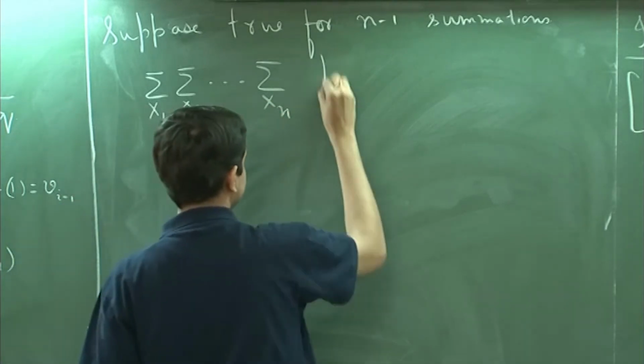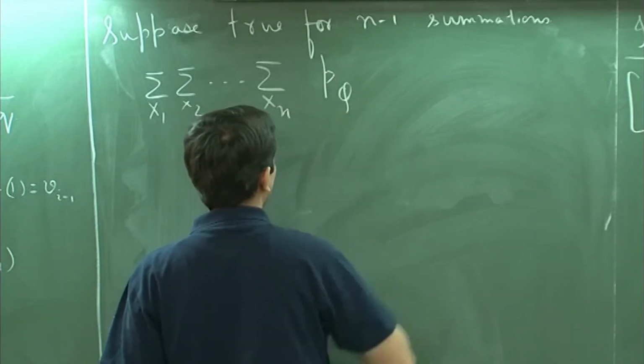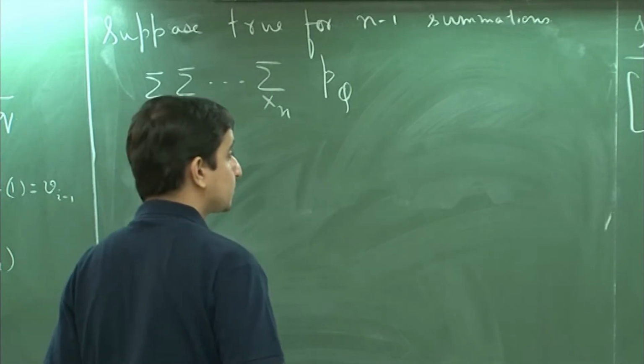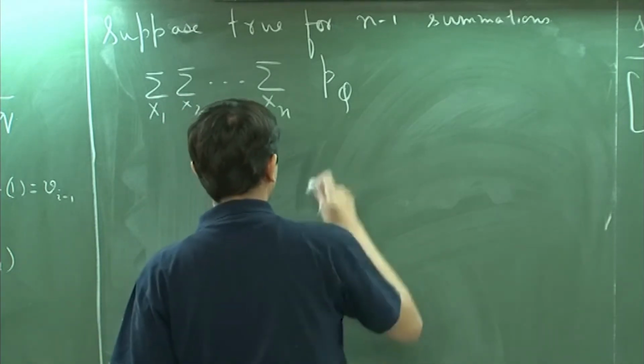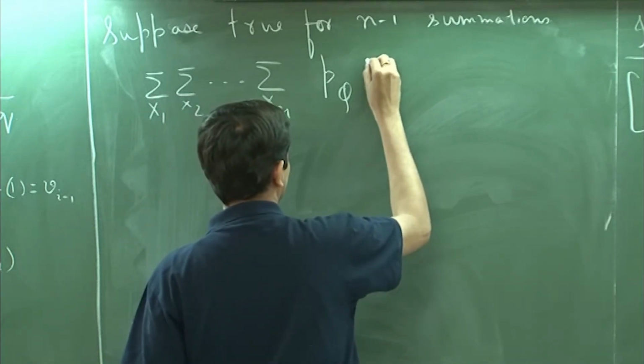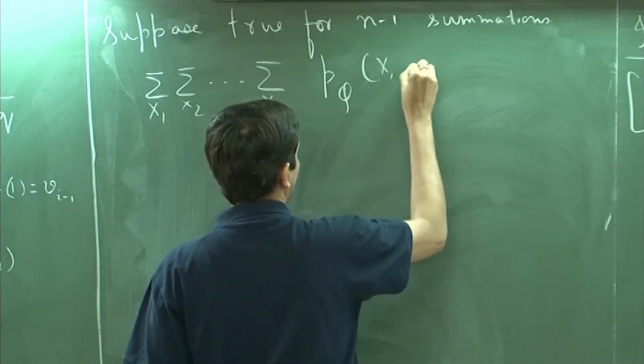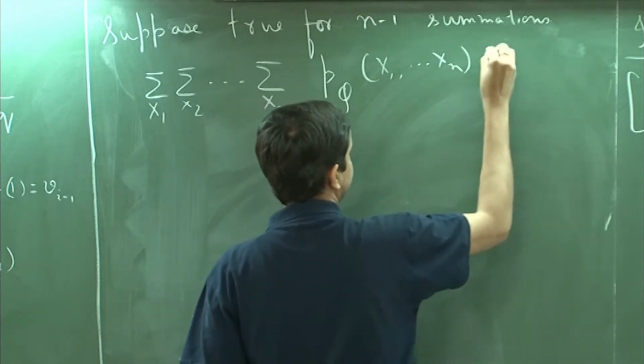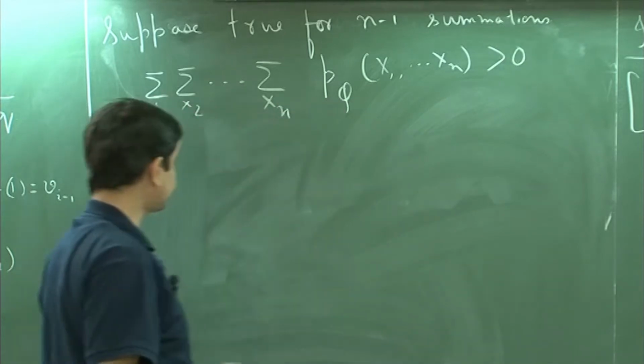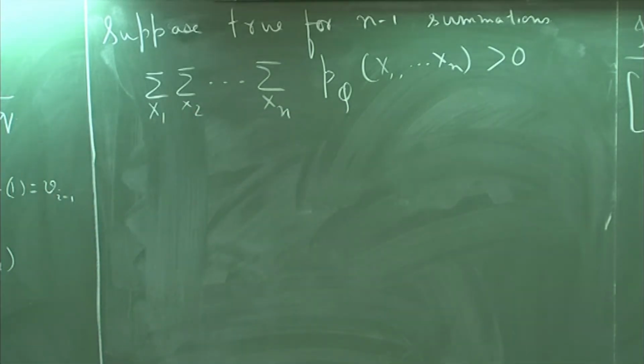So, we have n summations, and the sum of phi of x1 through xn is greater than 0. What happens in the first round?